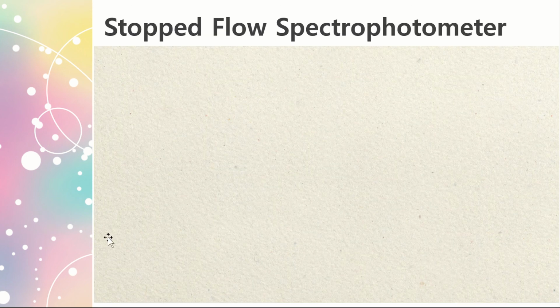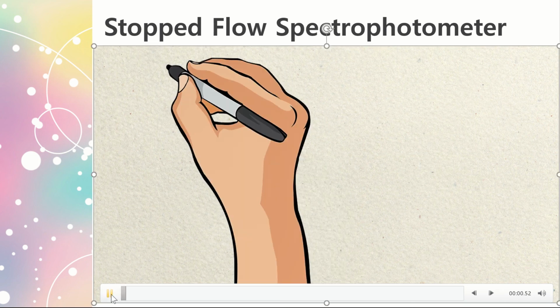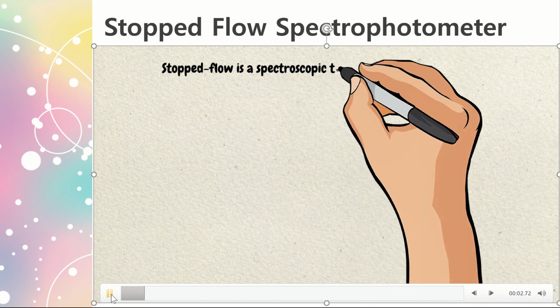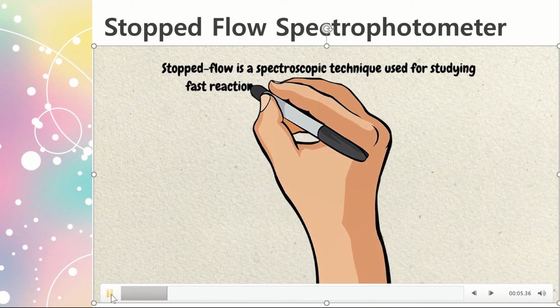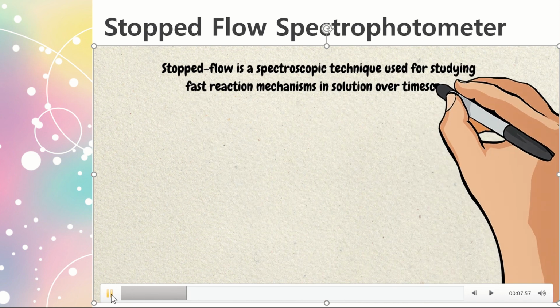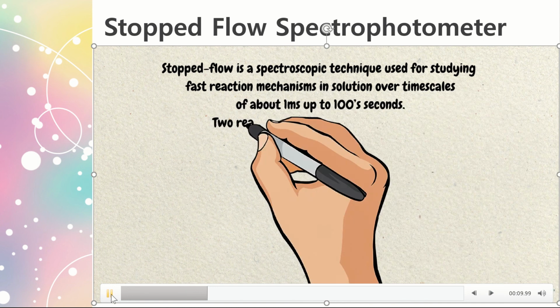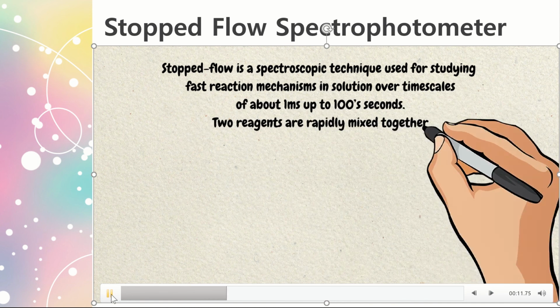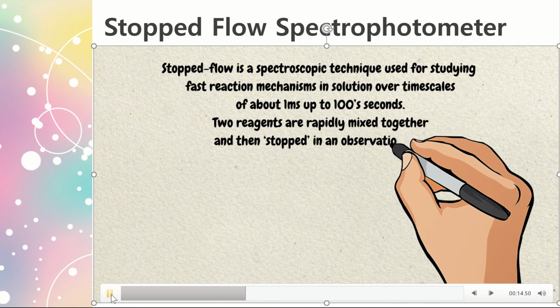So we just looked at the X-ray diffractometer. Now we're going to look at another instrument that can help us with the kinetic evidence. So let's talk about it a little bit first. The stopped flow is a spectroscopic technique used for studying fast reaction mechanisms in solution over time scales of about 1 millisecond up to about hundreds of seconds, right?